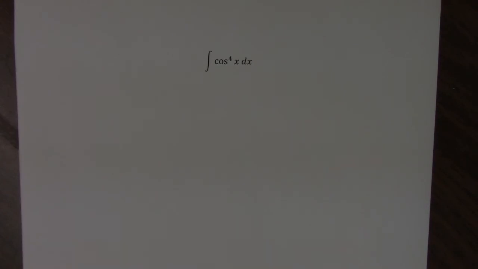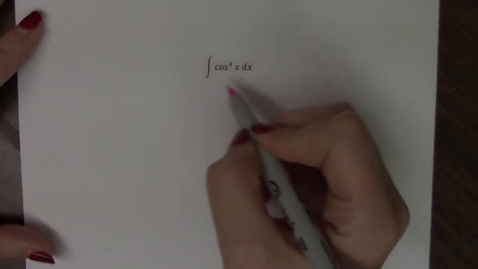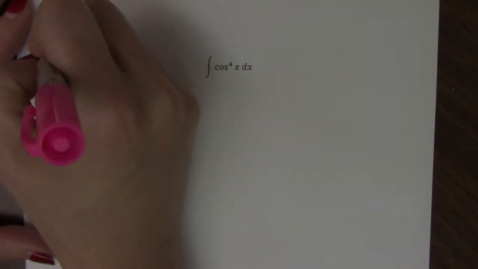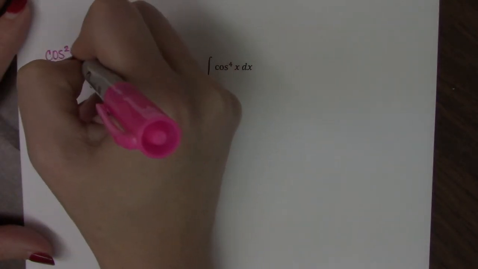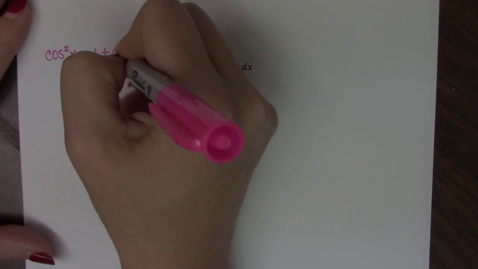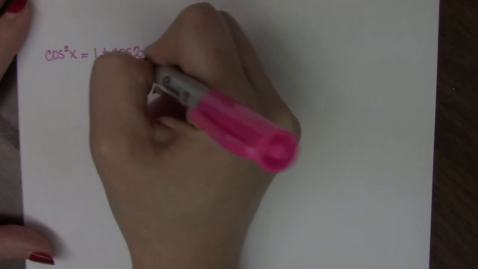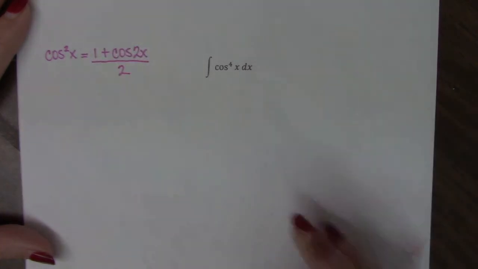So we looked at what to do when sine or cosine is odd, but what do we do when it's even? So we said, well, we're going to have to make a substitution. And the first thing I want to do is write this in powers of cosine squared, because my substitution says that cosine squared of x is 1 plus cosine 2x, right, all over 2.